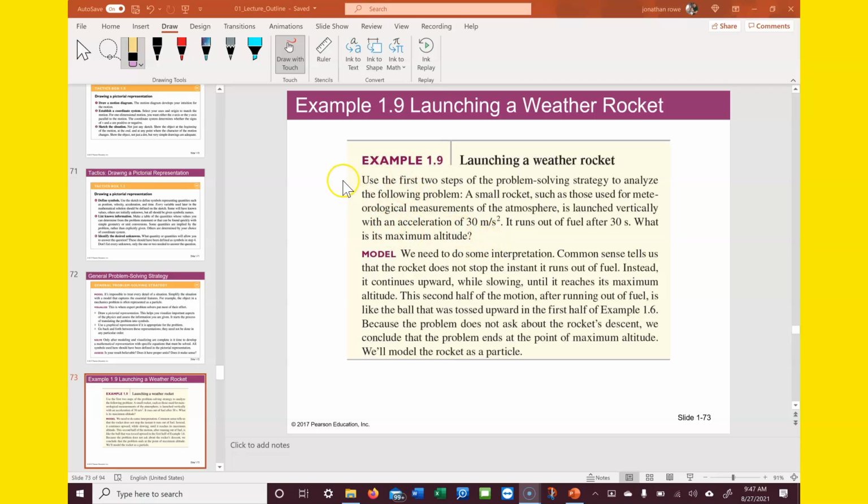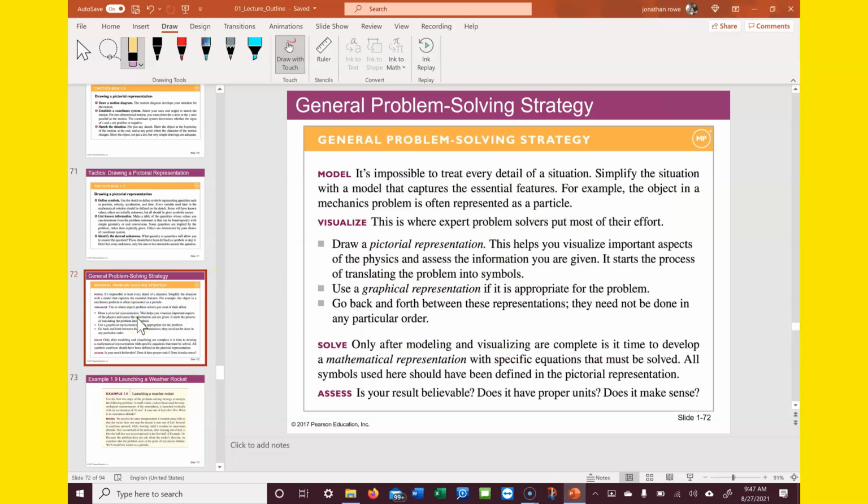And notice that we're only told to use the first two steps of the problem-solving strategy, which was given back in this previous slide. So what are the first two steps? To model. So maybe we want to treat this object as a particle, like a point, so that we can more easily draw the situation, draw a motion diagram, and then visualize that thing by drawing that motion diagram.